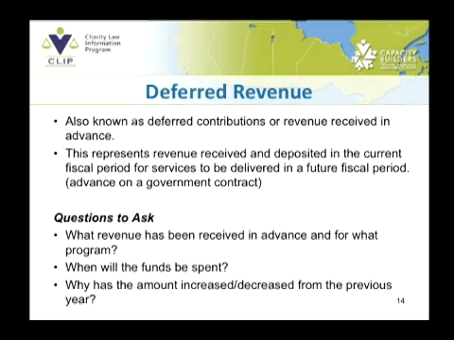Deferred revenue. So this is a big item on the statement of financial position. And so it's also known as deferred contributions, revenue received in advance. Those three terms: deferred revenue, deferred contribution, revenue received in advance. So it's money received, deposited in the current year for services to be delivered in a future fiscal period. Biggest common example would be a government contract.